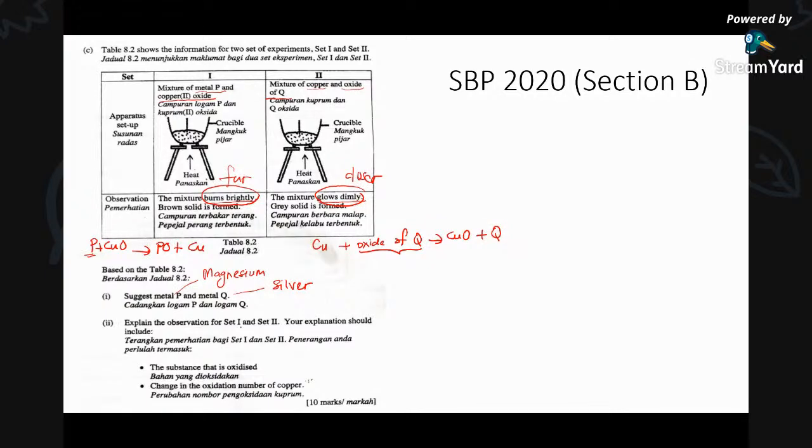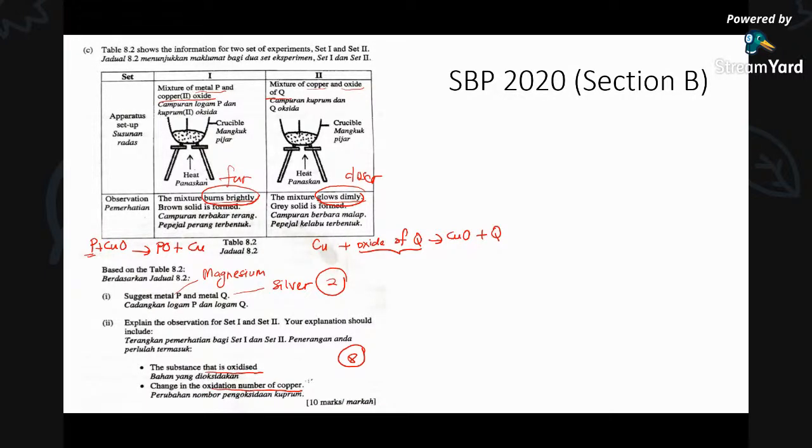The next one, explain the observation for set 1 and set 2. Your explanation should include the substance that is oxidized, change in the oxidation number of copper. So you see you have already given 2 marks is gone over here. So left 8 marks for the second part.